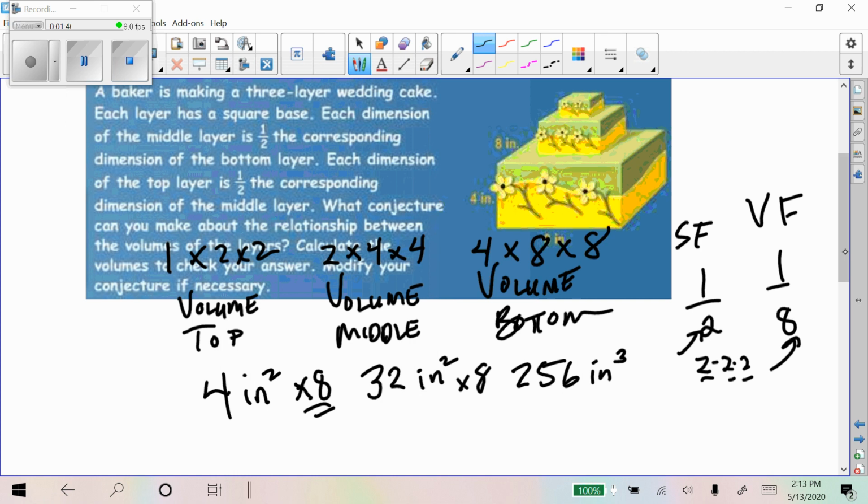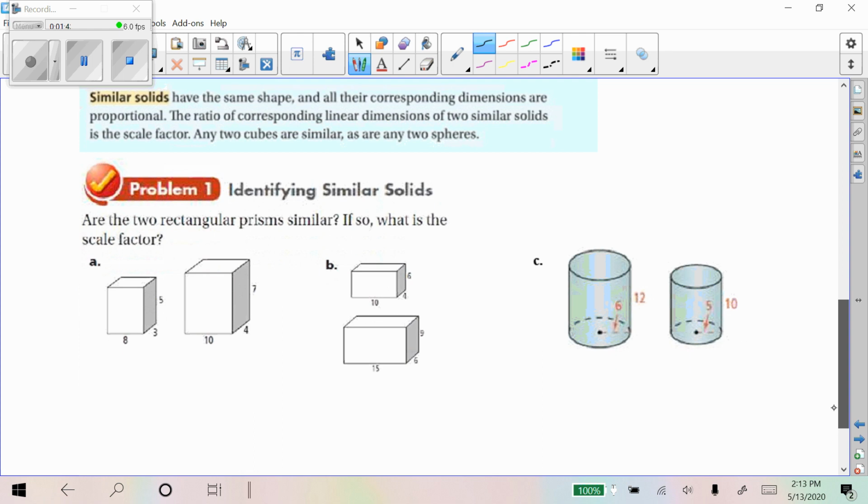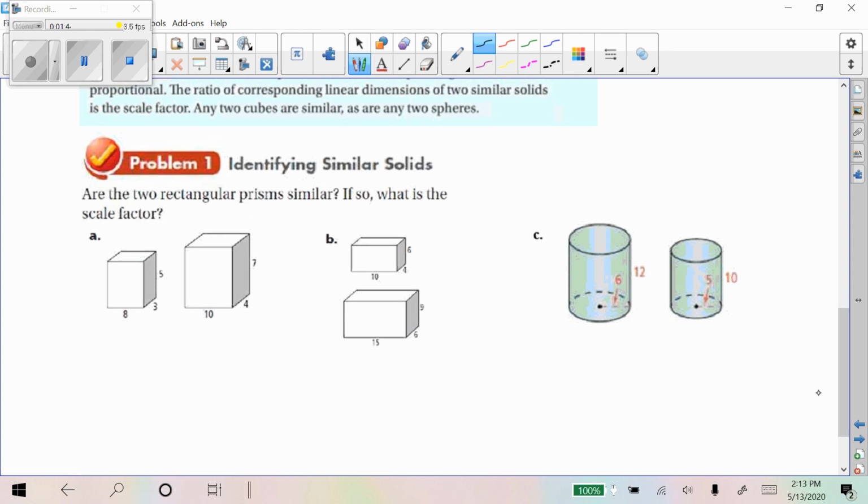All right, so we're going to use those ideas today to do some problems. First of all, this only works if the prisms are similar. So we're going to look at these and see if they're similar. So just look at the dimensions. This is 3 to 4. This is 8 to 10 or 4 to 5. Those aren't similar.